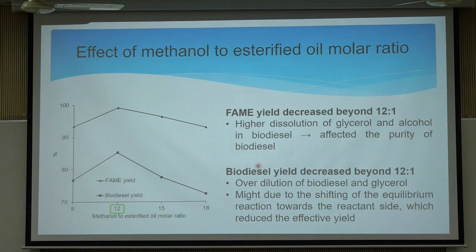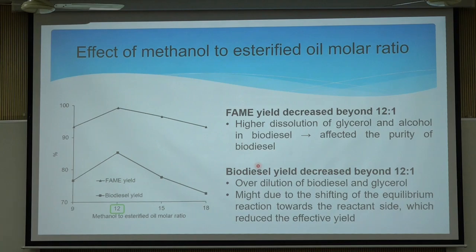Then after the process we need to recover the methanol back, because by the stoichiometric chemical equation we only need 3. That is the ideal case, it's not going to happen in the real situation. You need to use extra methanol, and we use up to 12, which is the optimal condition.